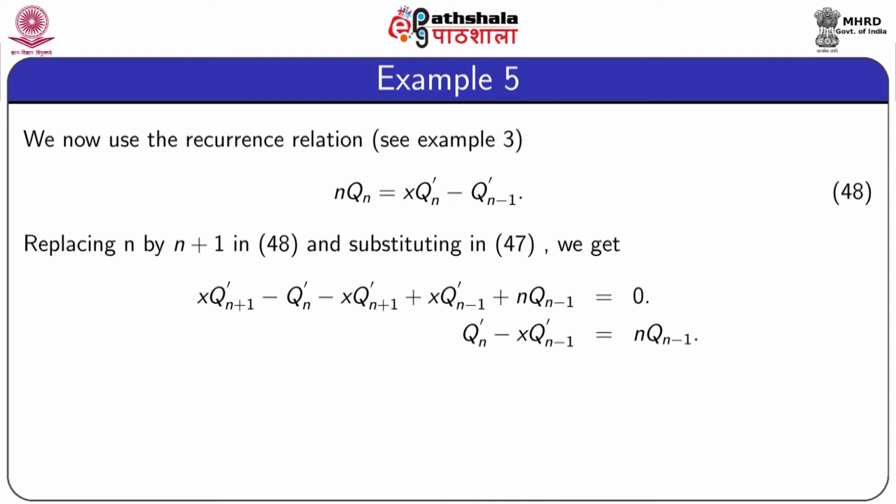We replace n by n+1 in 48, and then substituting in 47, we get n Q'_{n+1} - Q'_n x - n Q'_{n+1} + x Q'_{n-1} + n Q_{n-1} x = 0, and if we simplify, we will get the result as Q'_n x - x Q'_{n-1} = n Q_{n-1} x, which is our desired result.